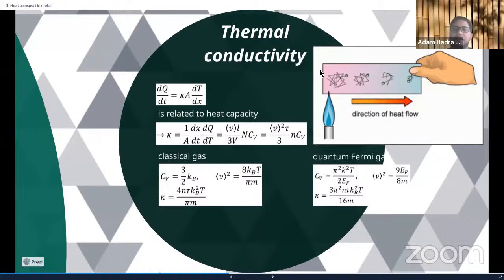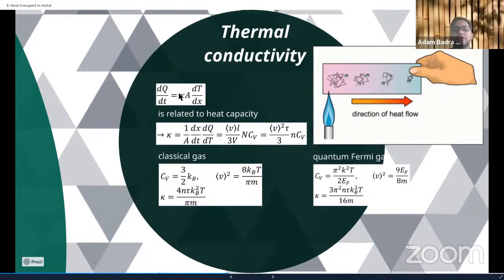If we have a hot part and a cold part, the mean free path of the electron is a little bit different. In a cold area, electrons tend not to move a lot, but in the hot area, electrons tend to move a lot, and they want to go to the other side.